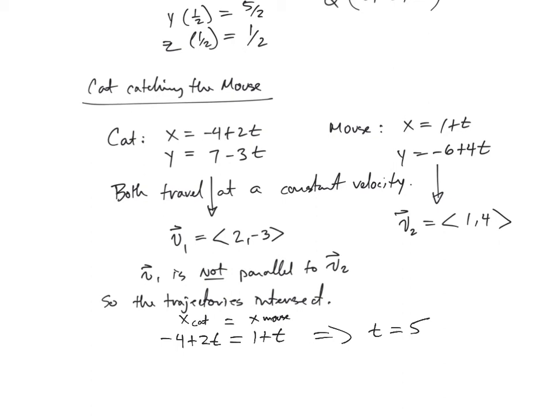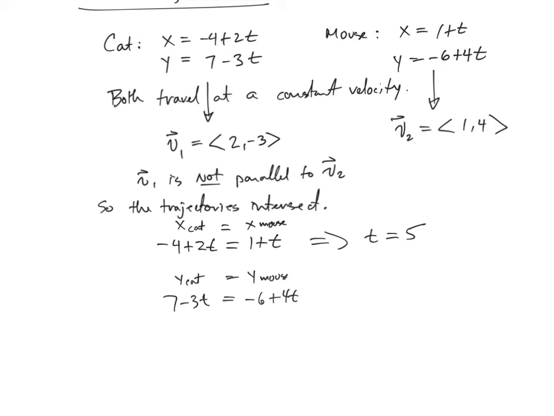Likewise, we have to make the cat's y-coordinate equal the mouse's y-coordinate. The cat's y-coordinate is 7 minus 3t. That's got to be equal to the mouse's y-coordinate, which is -6 plus 4t.